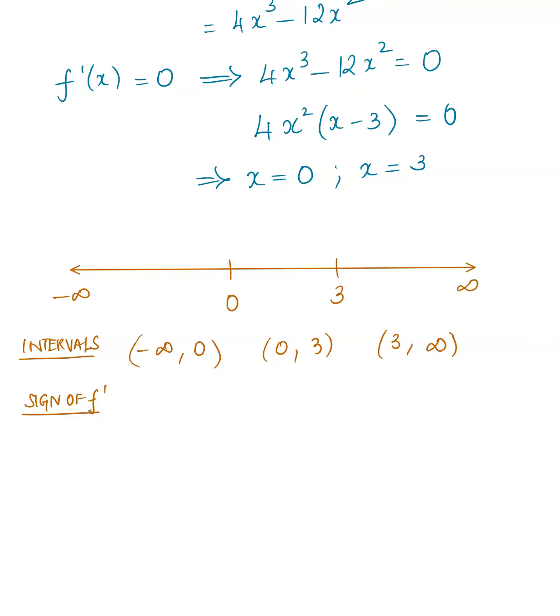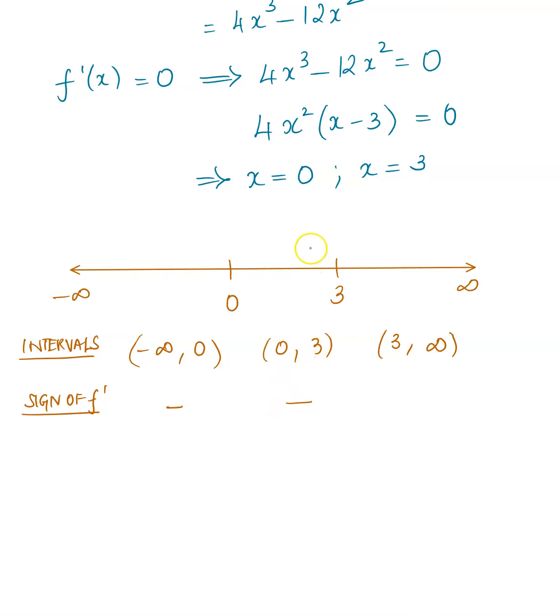Sign of f prime. Choose a test point from negative infinity to 0. You could choose negative 1 and plug that in your f prime: 4 times negative 1 cubed minus 12 times negative 1 squared, and that comes out to be negative. Choose a test point from the next interval as well.